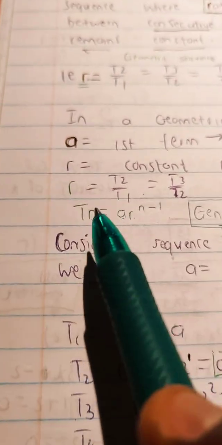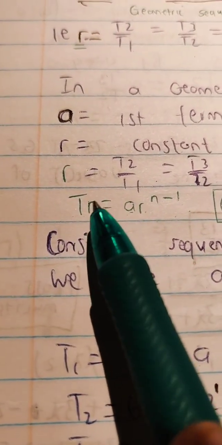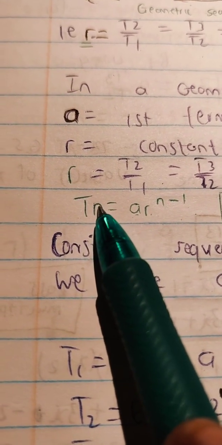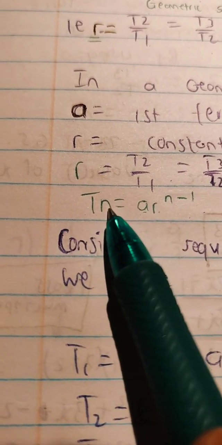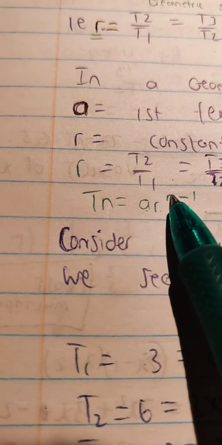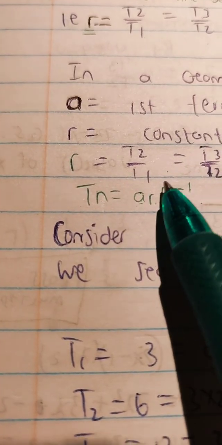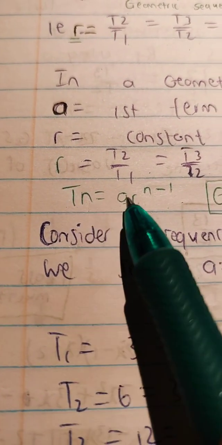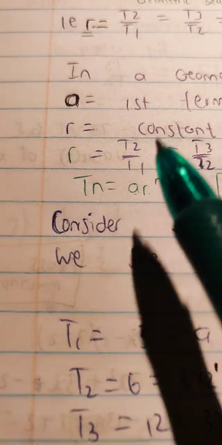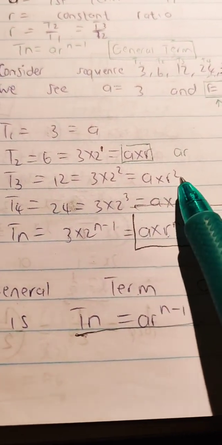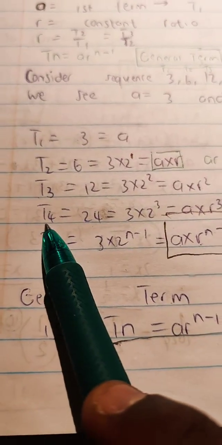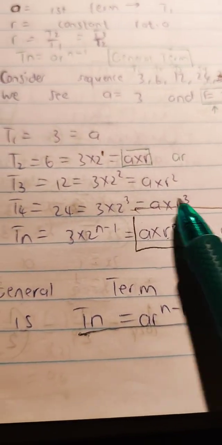So that's why we say that term 3 in terms of A and R is A times R squared. I mean, we could always verify this. If we come here to the general term of the sequence, we substitute 3. What happens? This is T3, which is equal to AR. In the place of N, we substitute 3. What's 3 minus 1? It is 2. So that means term 3 is AR squared. So it makes sense that term 3 is AR squared. Term 4, AR to the power 3.